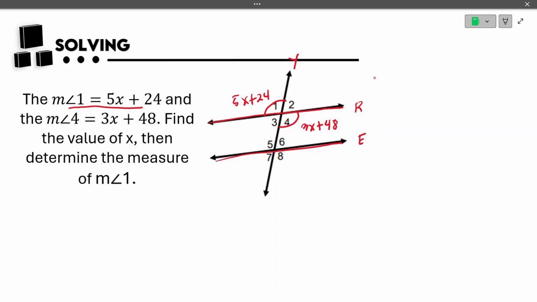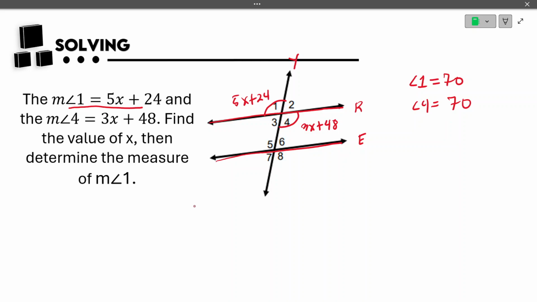So whatever the first angle is, that's also the measurement of the other angle. So if angle 1 is, let's say, 70, then angle 4 is also 70. We say that they are equal or congruent.